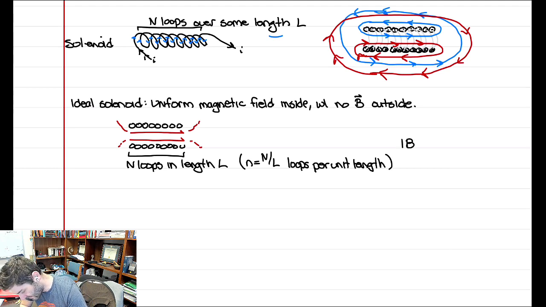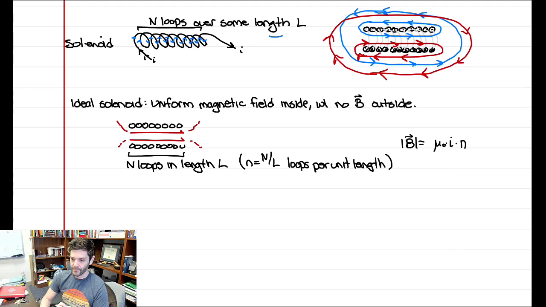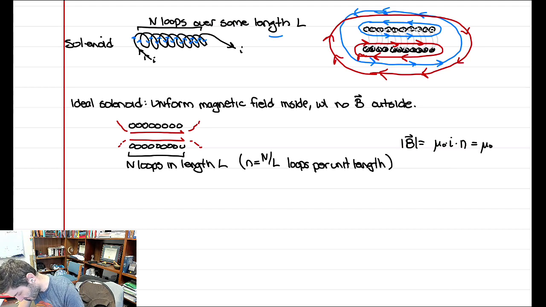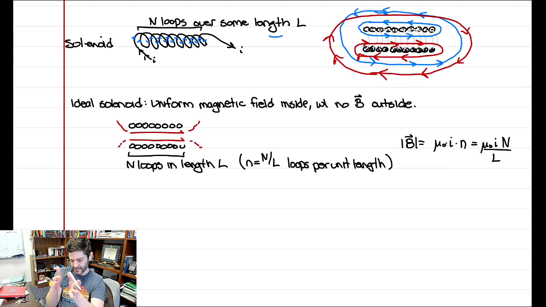And then the magnitude of the magnetic field ends up just being mu naught times I, the current that's going through all these wires, times little n, the number of loops per unit length. Or if I want to write it with the capital N, capital N divided by L, where L is the length of the solenoid in this case.